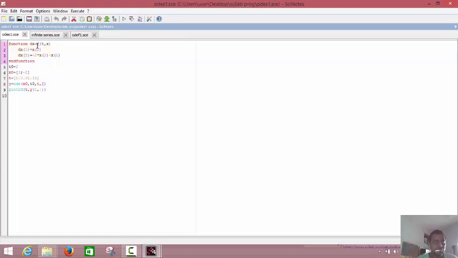We can write this as a function as earlier, f of t comma x. dx1 is the derivative of x, which equals x2. dx2 means the double derivative of y, which equals minus 2 star x2, where x2 means the first derivative of y, minus x1.